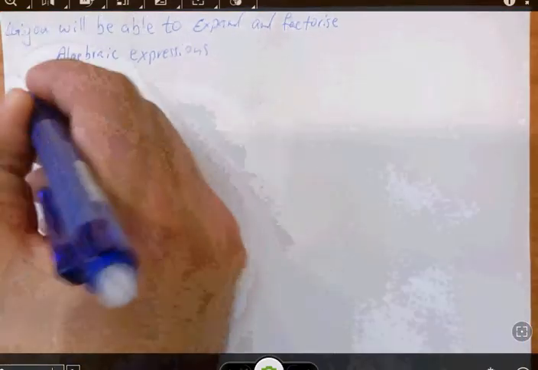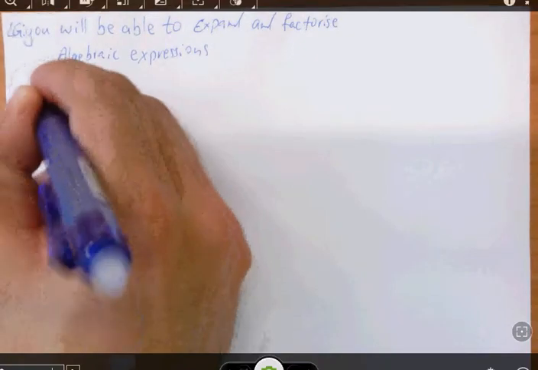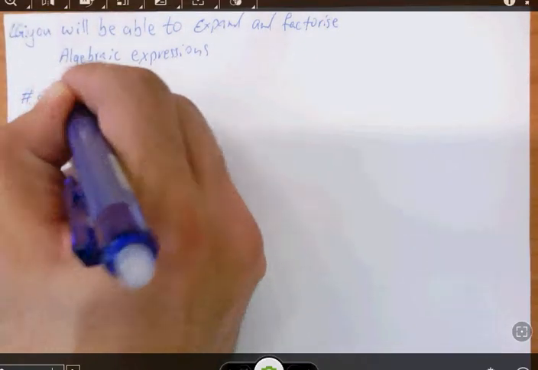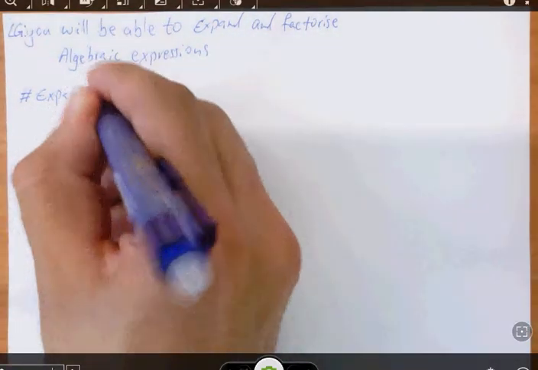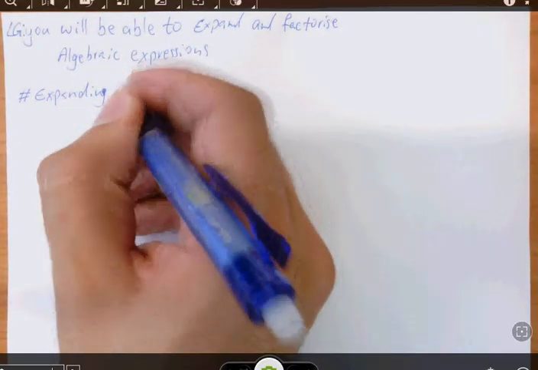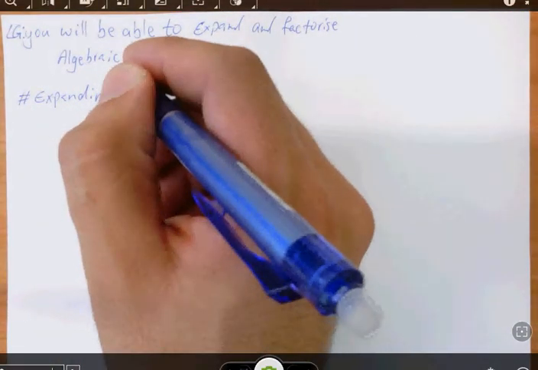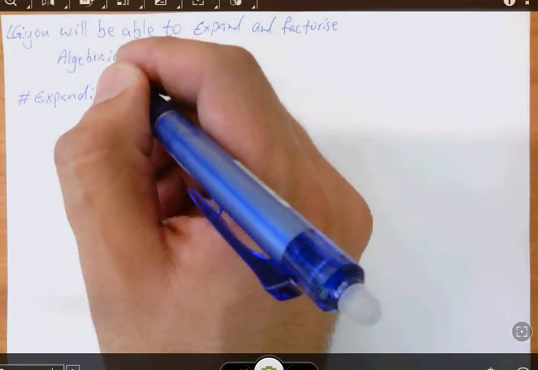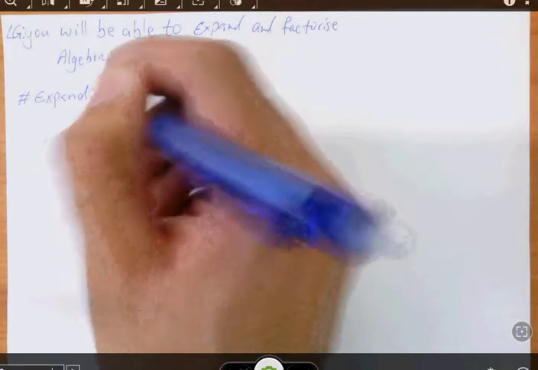First of all, we'll start with the expansion. Expanding. Okay, and I'll just start with the 5 key common mistakes that happen in this type of expansion.